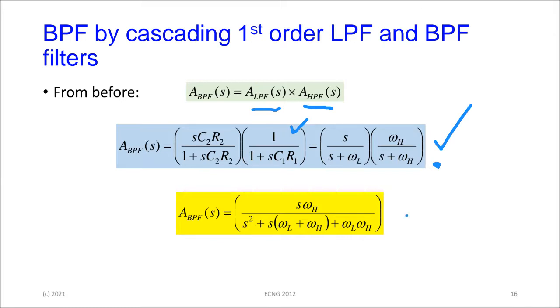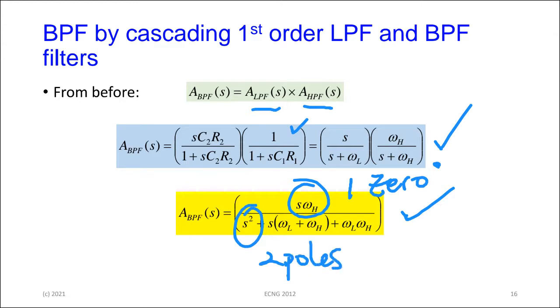So you simplify, and this is what the bandpass filter transfer function looks like. Notice it has 1 zero and 2 poles.